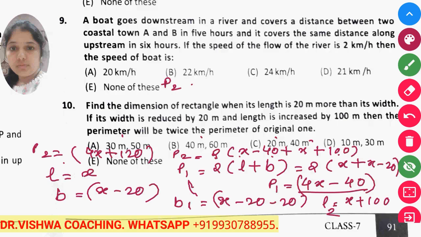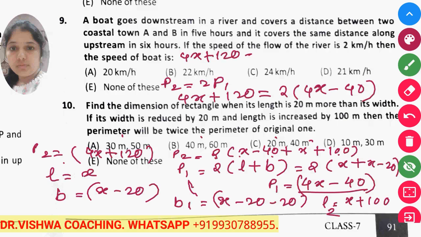So new perimeter P2 is equal to 2P1. So keep the values. 4x plus 120 is equal to 2 into bracket 4x minus 40. Okay, so it becomes 4x plus 120 is equal to 8x minus 80.